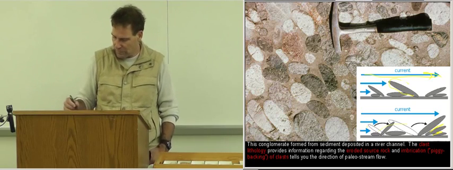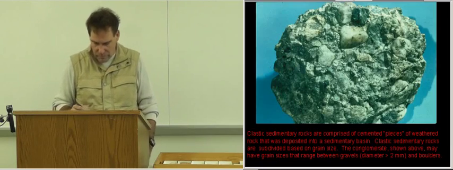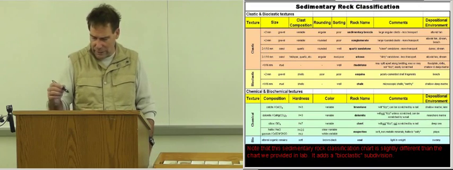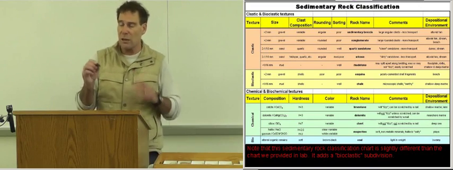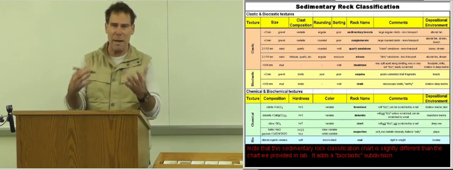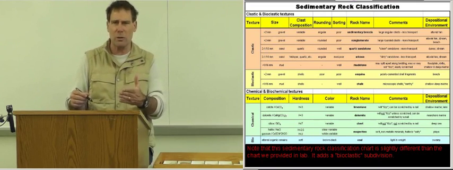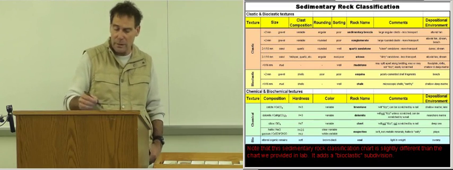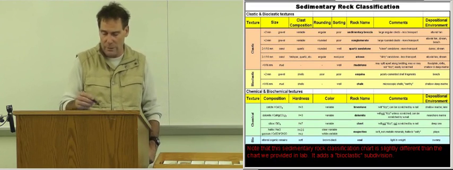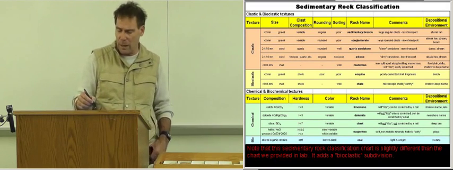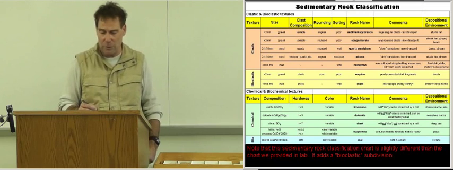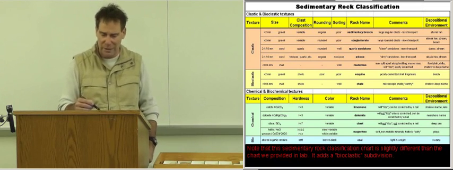Okay? Now, when we're looking at the actual classification of sedimentary rocks, which is a main topic of this laboratory, you're going to learn that there are three major classifications, subdivisions that we look at for sedimentary rocks. This is a little bit more detailed than the one you have in laboratory, but it more or less shows you the same material.